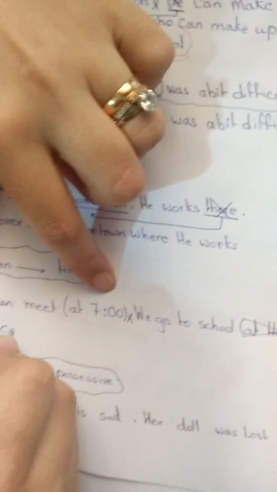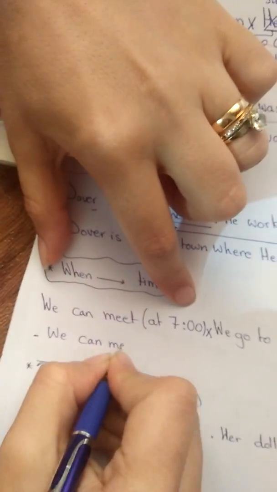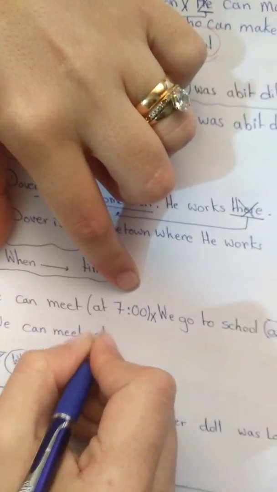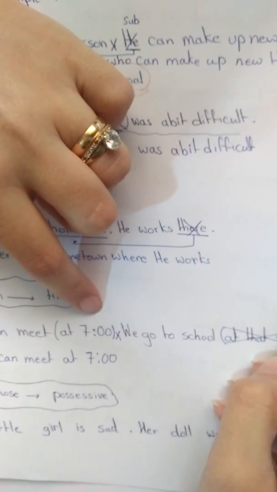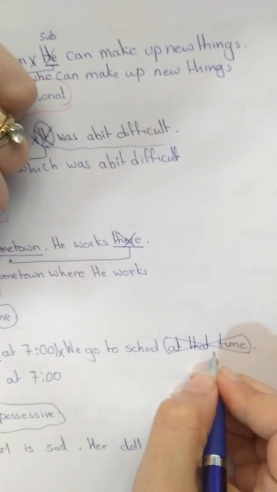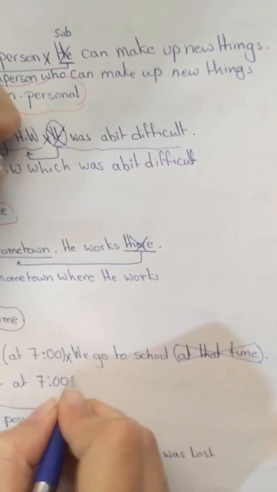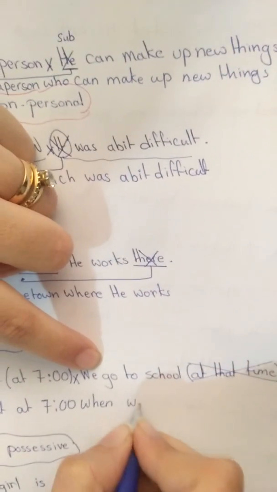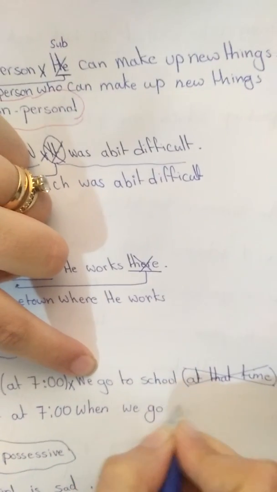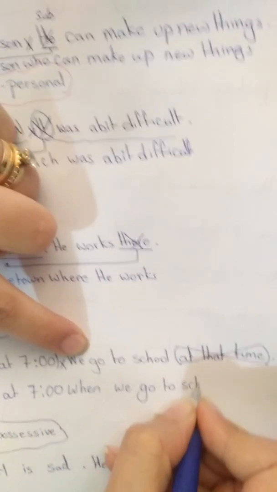We can meet at 7 o'clock, because it's a time. The correct relative clause we will use is when we go to school.